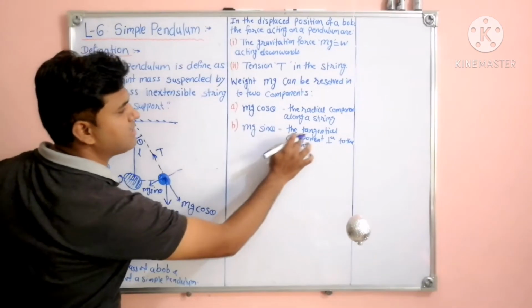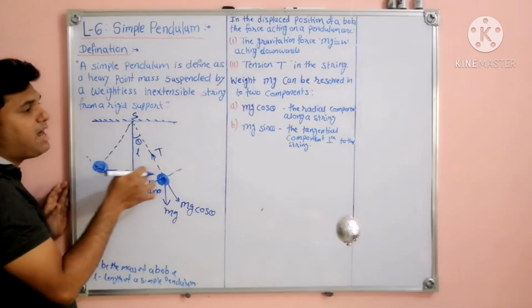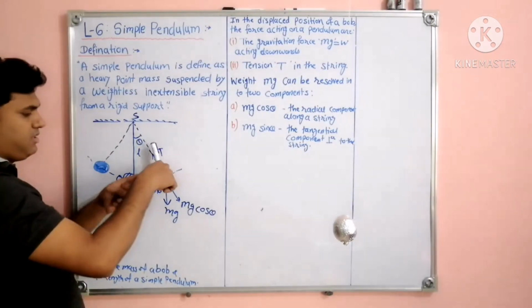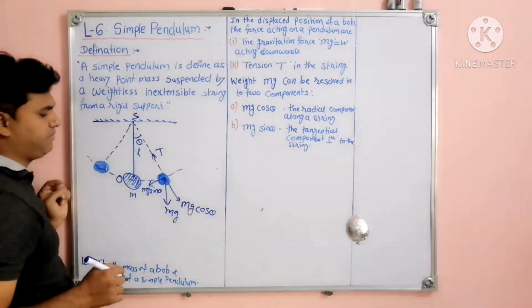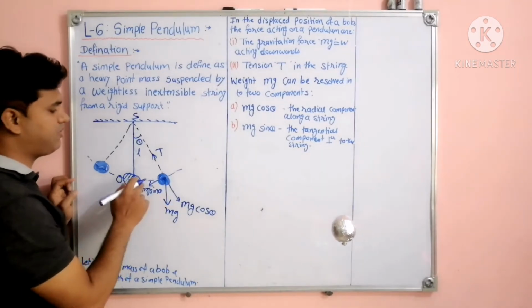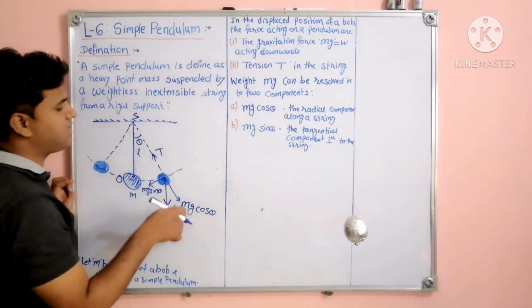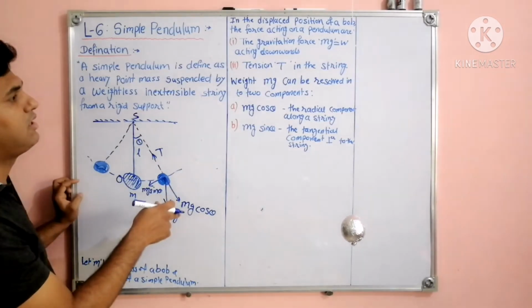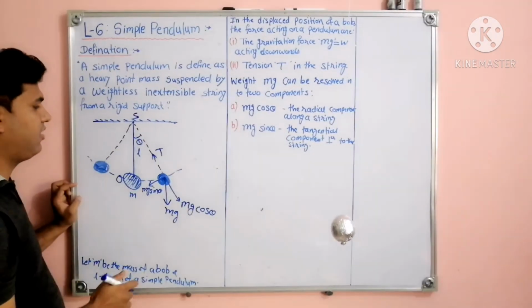So mg sin theta is a tangential component perpendicular to the string, and mg cos theta is a radial component which is along the string.